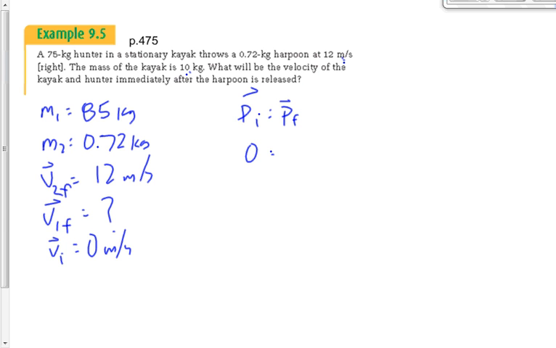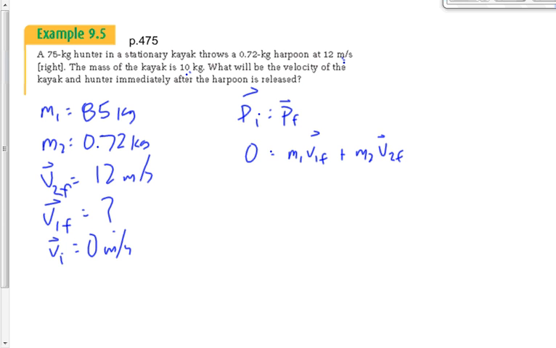After he throws the harpoon, how many objects do we have? Jack, how many objects do we have after he throws the harpoon? 2, right? Not 3, what a lot of people are going to want to say here, but 2, you're right. It's going to be M1 V1F plus M2 V2F.